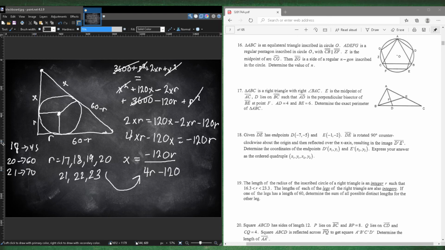So the only possible lengths for r plus x, which is the length of this side, are 18 plus 45, which is 63, 20 plus 60, which is 80, and 21 plus 70, which is 91. Adding them all up, 63 plus 80 plus 91, you get an answer of 234. And that's your answer for number 19.